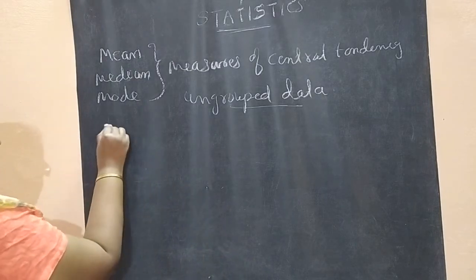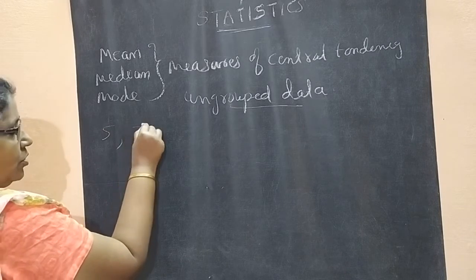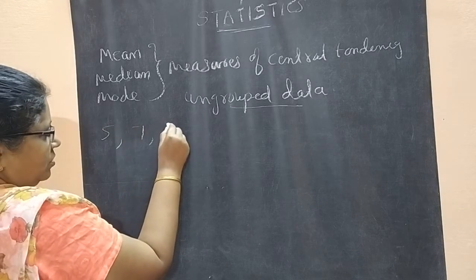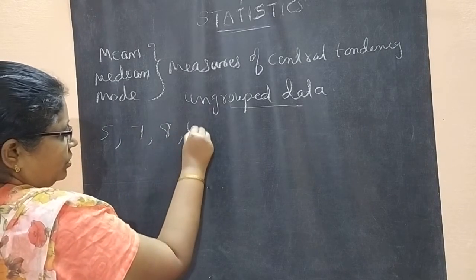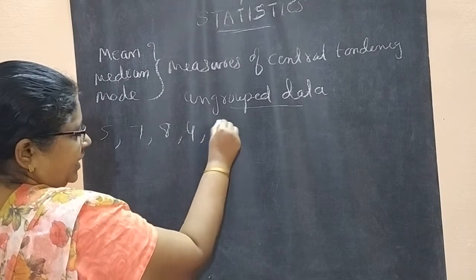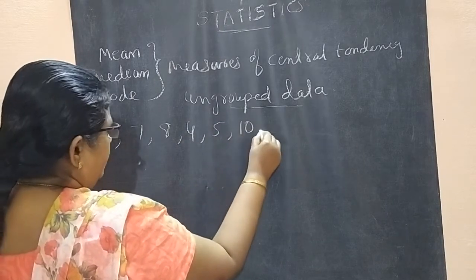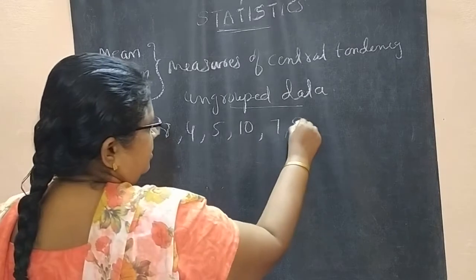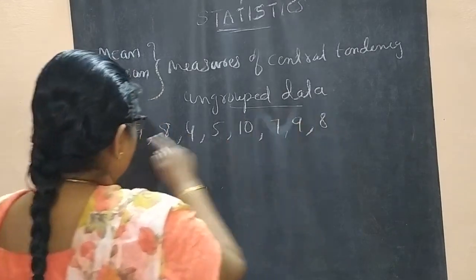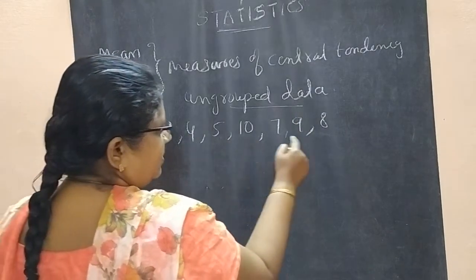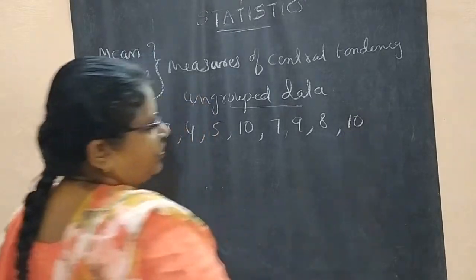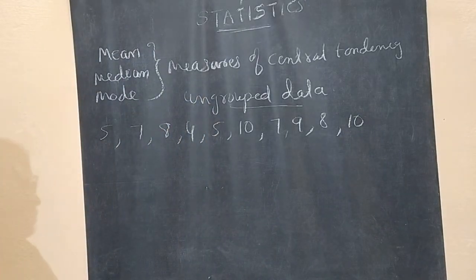Suppose the first student got 5, second student got 7, third student got 8, fourth student got 4, fifth student got again 5, then 10, then 7, 9, 8. So 1, 2, 3, 4, 5, 6, 7, 8, 9. Suppose these are the marks you people got.